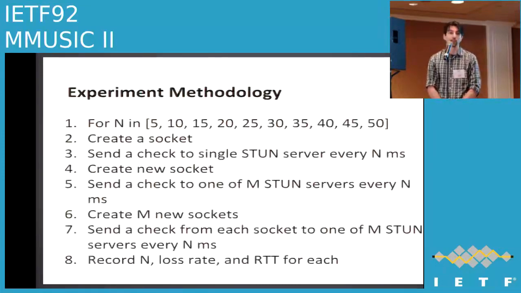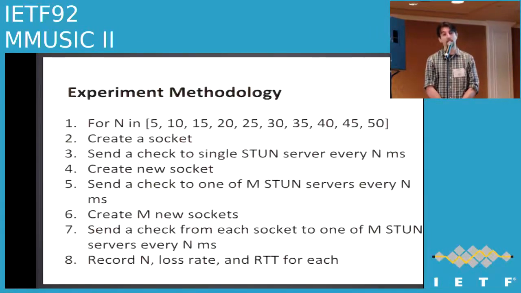So we're going to find out, for a very large sample of the internet, what the lower bound for Ta is. We'll try STUN binding checks spaced by different values of n milliseconds between checks for different users. We'll do a control of sending all those checks to the same STUN server, and then the experiment of sending them to different STUN servers or from different source ports.